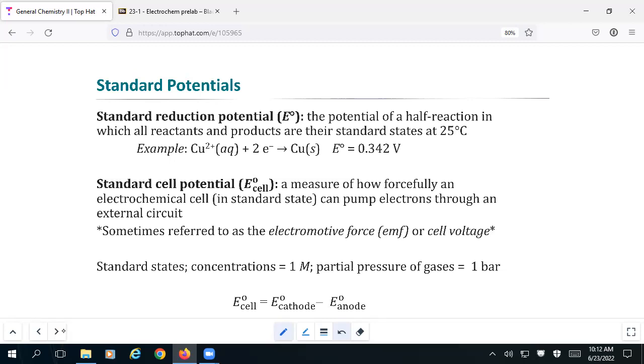And we can calculate that voltage by taking the reduction potential of the cathode and subtracting from it the reduction potential of the anode. That will give us the cell potential. Cell potential, also referred to sometimes as the electromotive force or EMF, or simply just as the cell voltage.